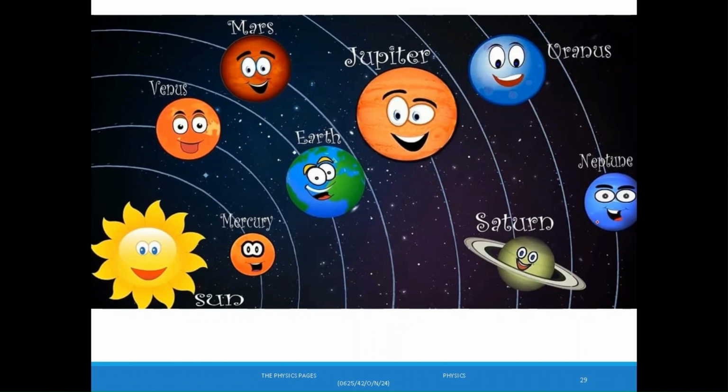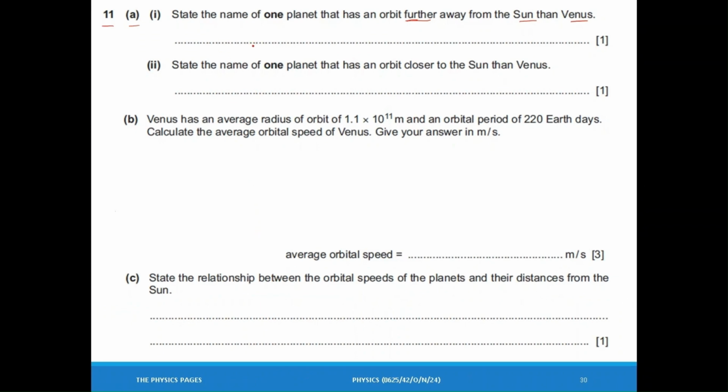According to the question statement, which planet is further away from the Sun than Venus? Venus is the second planet, orbiting second closest to the Sun. Further than Venus are Earth, Mars, Jupiter, and so on. We can write any one of these here. When it is closer to the Sun than Venus, then it's only Mercury.